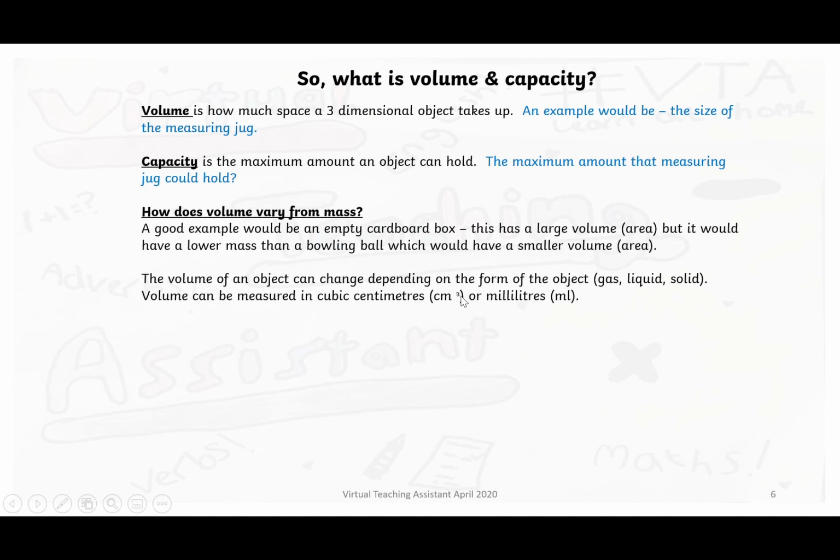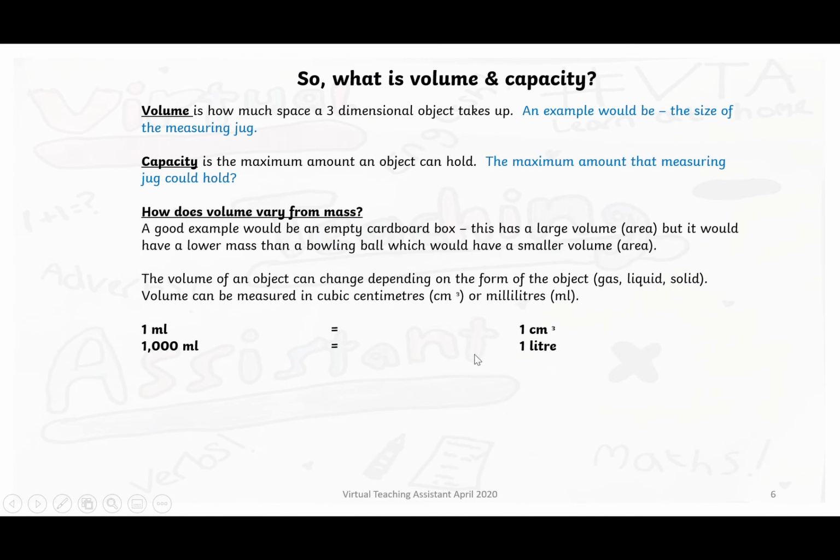The reason there's a 3 there is because cubic centimetres means it's a number that's times by itself 3 times. Or millilitres, which we see here as ml.